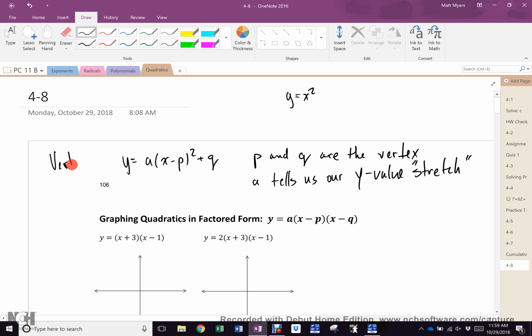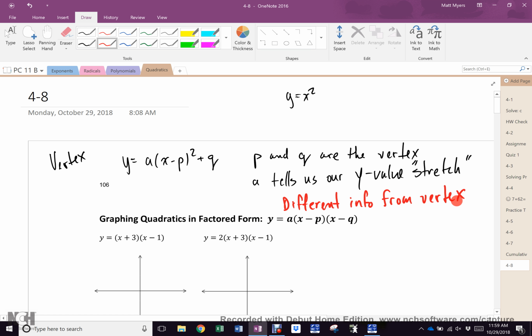This is vertex form, which if you look back in your notes, I said was the first way we were going to learn to deal with parabolas. Now we're on the second way, factored form. Now this gives us different info from vertex.